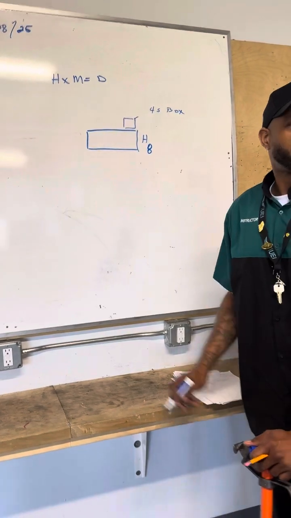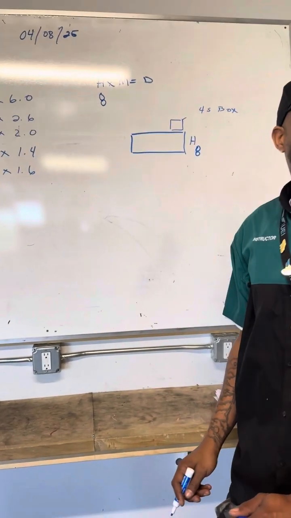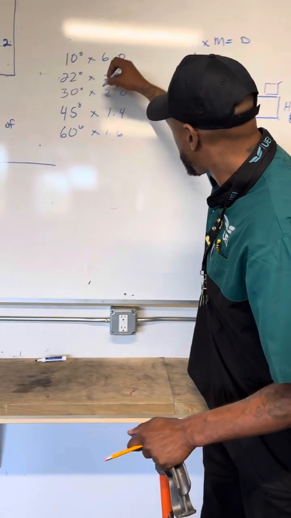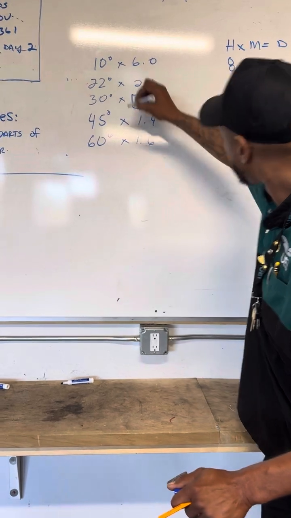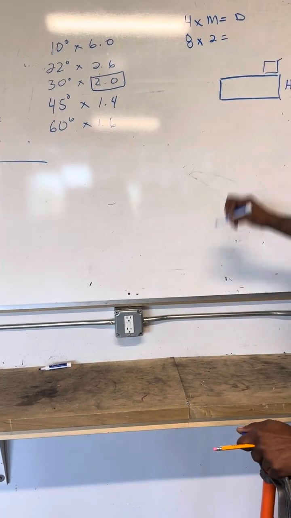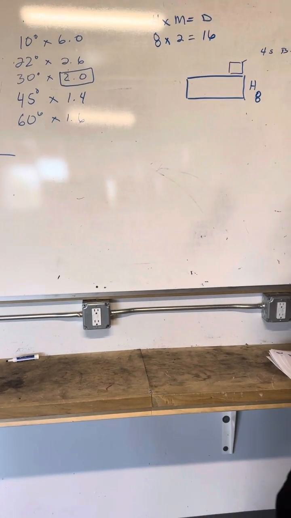So that would be my height. Since I'm doing a 30 degree offset, I'm going to use the multiplier of 2. 8 times 2 gives me 16. That's the distance between bends, okay?